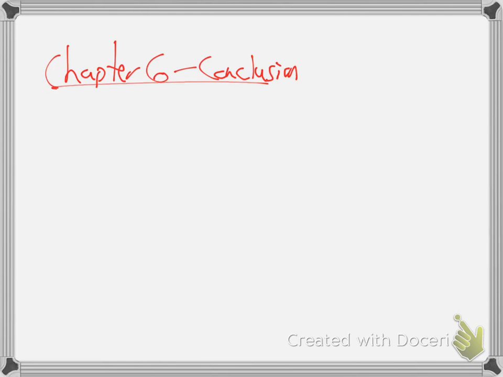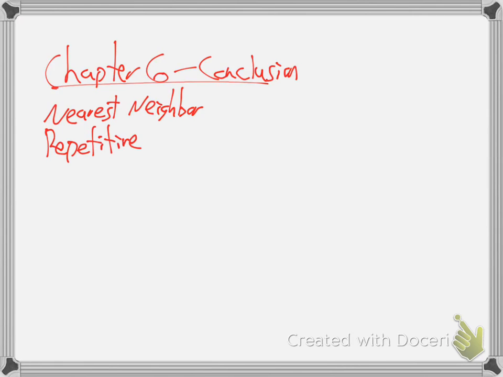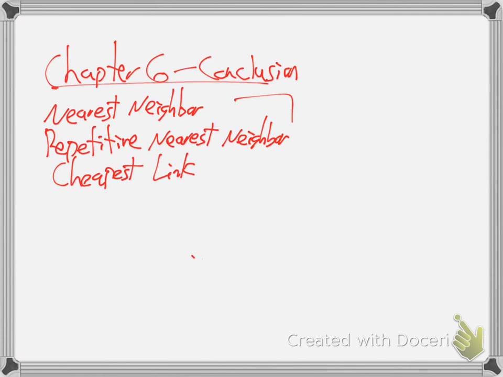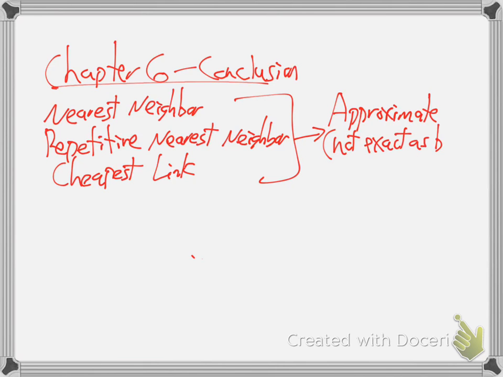These questions: the nearest neighbor method, the repetitive nearest neighbor, and cheapest link, all 3 methods we learned, all of those methods are approximate, meaning not exact as best.